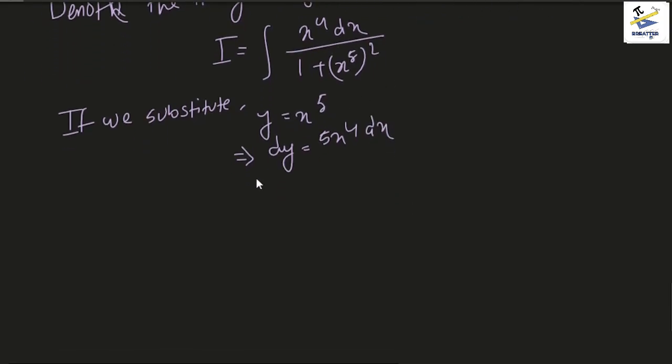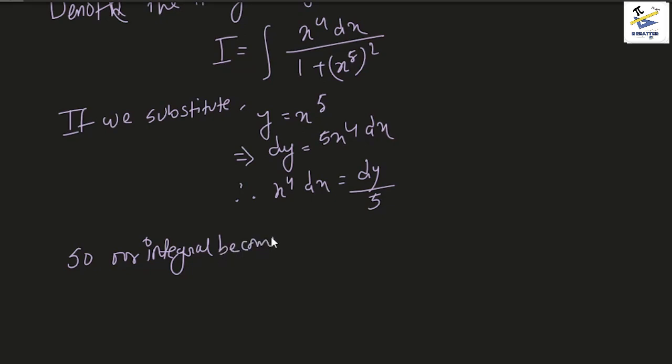And what we want is the value of x to the power 4 dx. So therefore x to the power 4 dx should be equal to dy by 5. So our integral becomes I equals the integral of, this thing becomes dy by 5, and the denominator just becomes 1 plus y square.